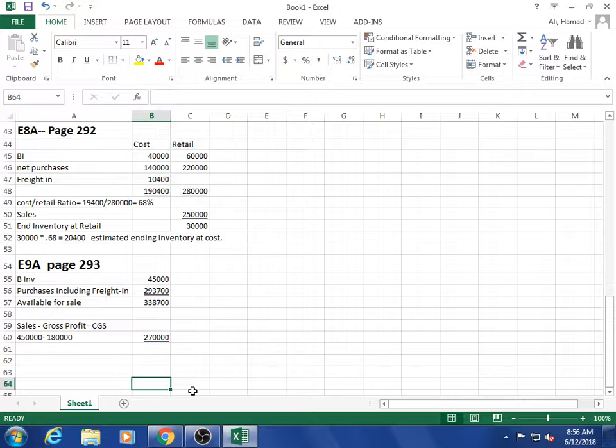338,700 minus 270,000. What do you get? 68,700. All right, what is this? What is the question asking us? That's your estimated inventory loss.